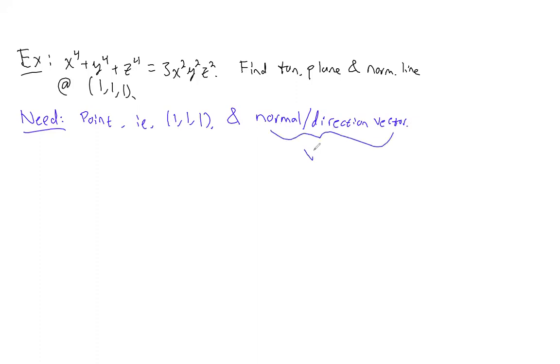And for that, we're just going to use the gradient. But what's f? f(x, y, z) is going to be everything in the equation that involves variables. So here, we're going to take that to be x to the fourth plus y to the fourth plus z to the fourth minus 3x squared y squared z squared equals 0.